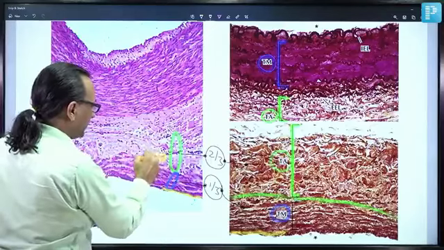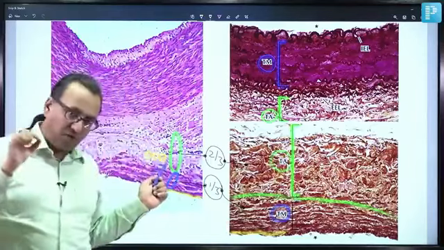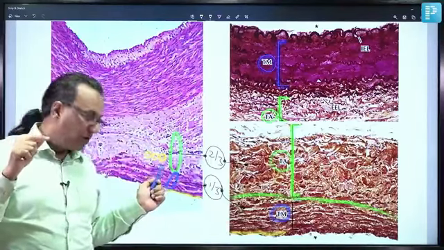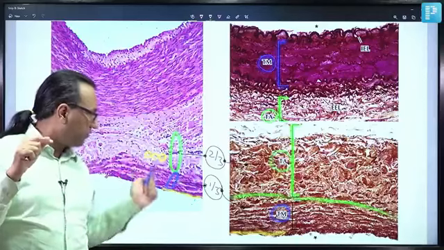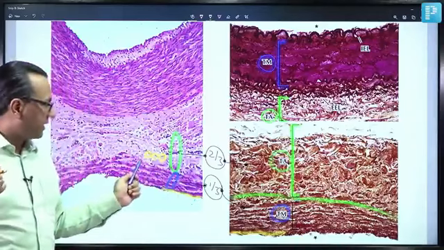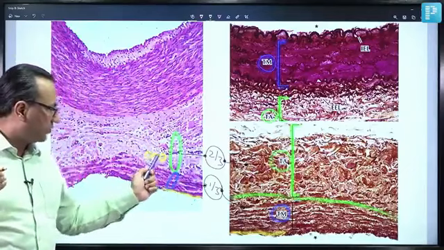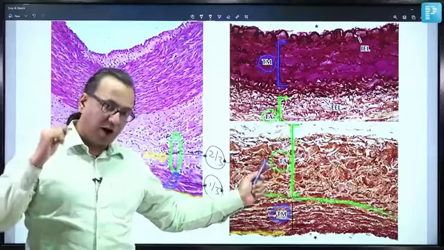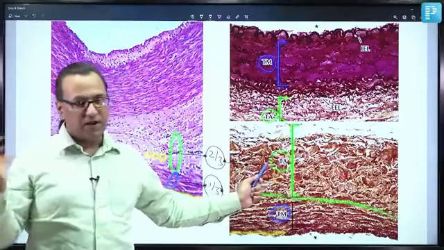Those vasa vasorum will be the source of oxygen, nutrients, and excretive products to be removed from the walls of a vein. Though they may not be that evident in case of splenic vein, they'll be more evident in the tunica adventitia of larger veins like inferior vena cava.